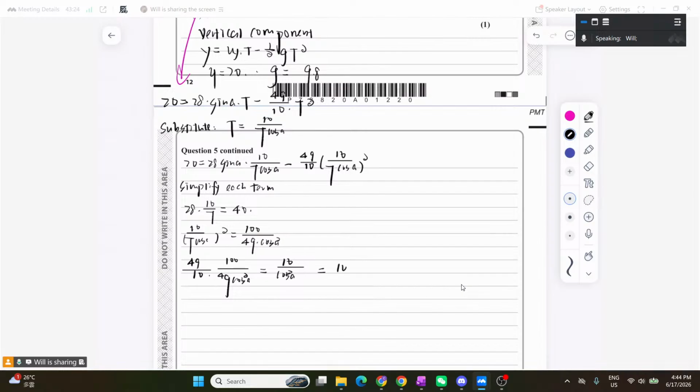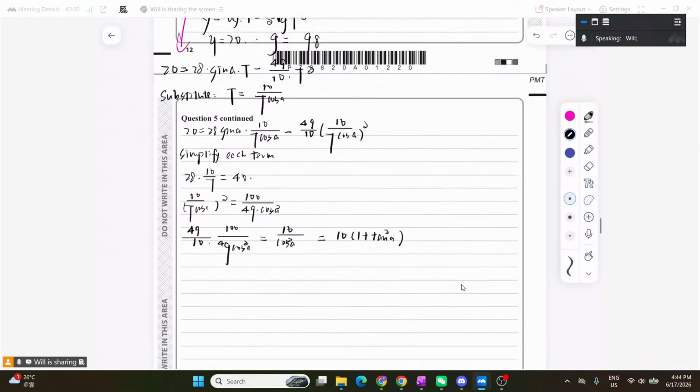So we can get 10 times 1 plus tangent alpha squared, right? Okay, and then continue to simplify. So the equation will become what? Become 20. Left side is 20.